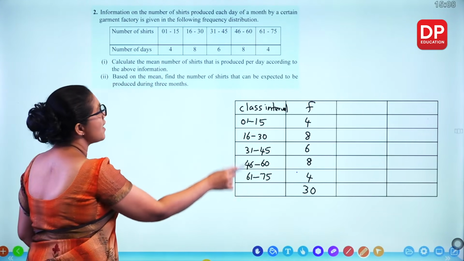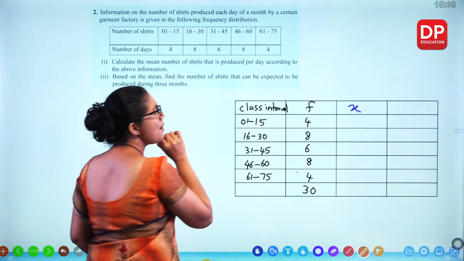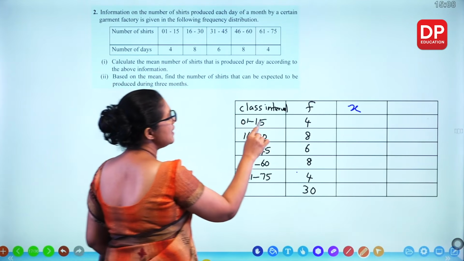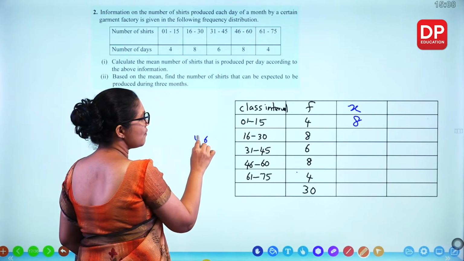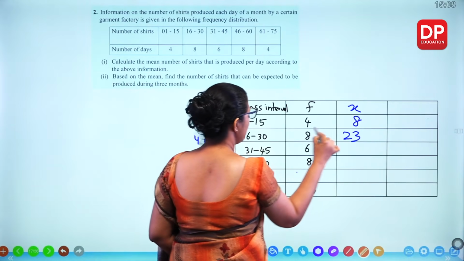We have class intervals and the frequency. So we need to find out the mid value. Add 10, divide by 2. 16 divided by 2, 8. This one, you get 46 divided by 2, 23.